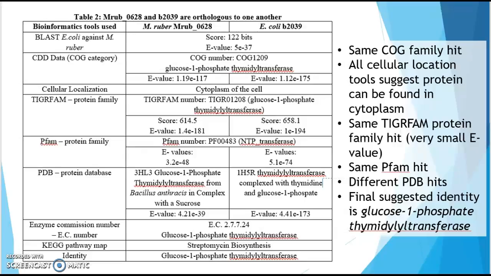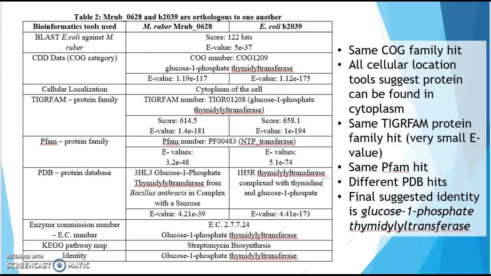Again, the bioinformatics tools that suggest the cellular location of the proteins all suggested that these proteins could be found in the cytoplasm of the cell. The TIGRFAM protein family tool suggested that they both belong to the TIGR01208 protein family, suggesting again that they coded for the glucose-1-phosphate thymidylyltransferase protein.